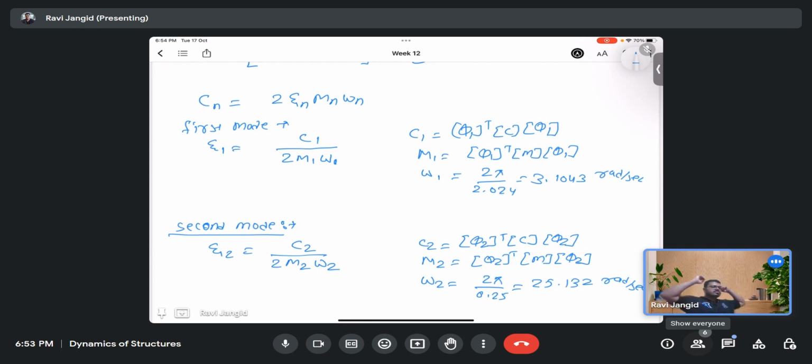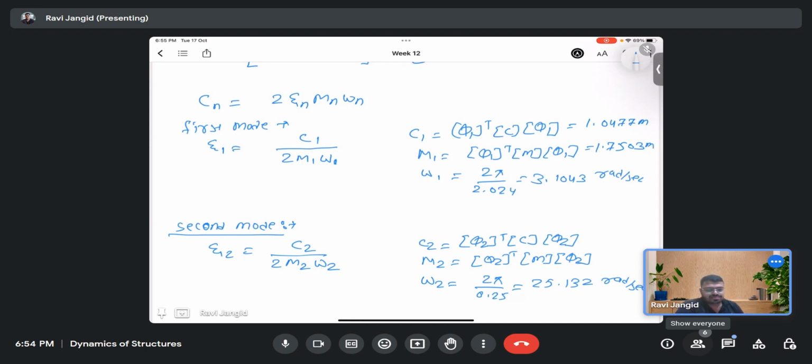Anyone with ξ1, ξ2? So my C1 is coming out to be, when you put the values, see the C matrix, 1.0477 M, and M1 is coming out to be 1.7503 M. M will be multiplied, so that will be cancelled out later.